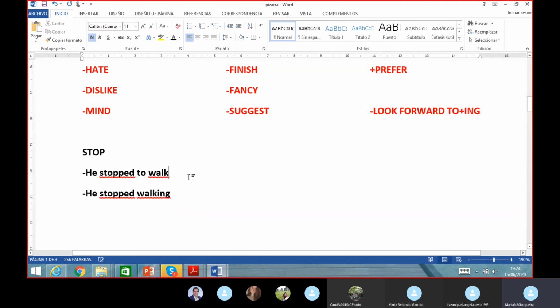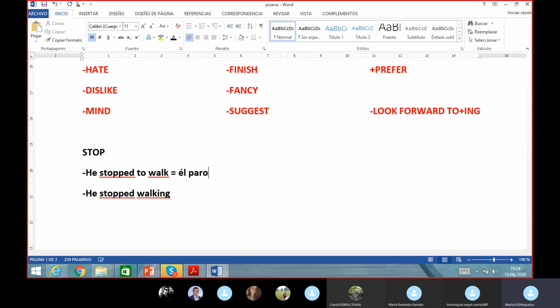He stopped to walk, chicos, significa that he was doing one activity and he stopped to do the second activity, which was walking, okay? He stopped doing one activity to start walking. And in the second, he stopped doing the activity of walking.